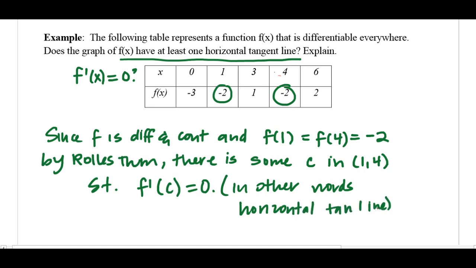So we could have just said there is some c such that there is a horizontal tangent line at c. Again, there's a lot of different wording that is okay. It's understanding the concept. So I hate to say you have to structure it in this one particular way, because it's really about just explaining that there is going to be guaranteed some value by Rolle's theorem where the derivative is 0. If the derivative is 0, there's going to be a horizontal tangent line there.